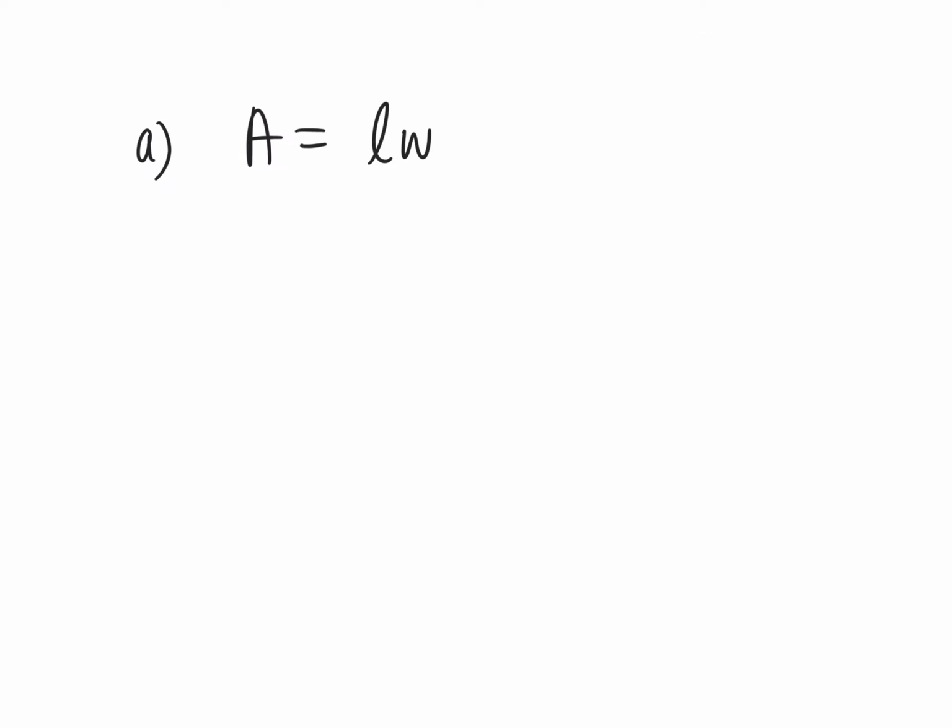Okay, so we have A equals LW. This means L times W, right? Whenever you have two letters together, and they're asking you to isolate, so solve for L, I'm trying to get L by itself. So I have to do the opposite.